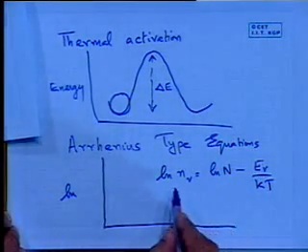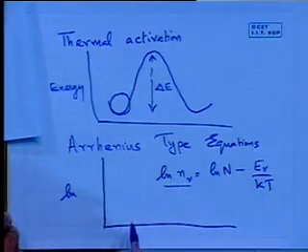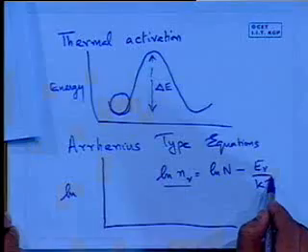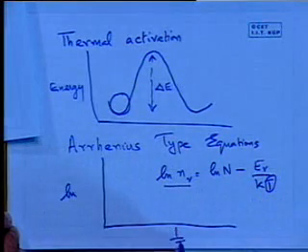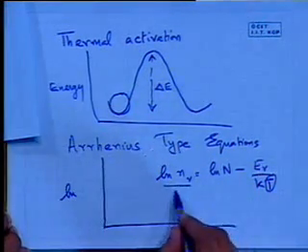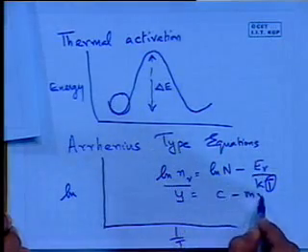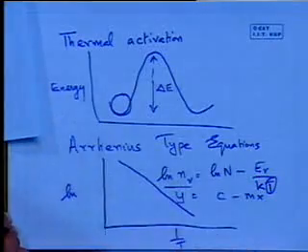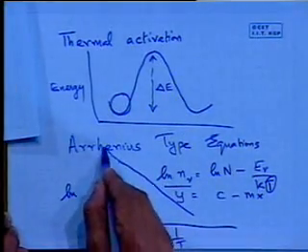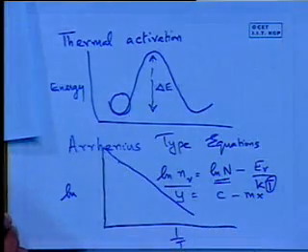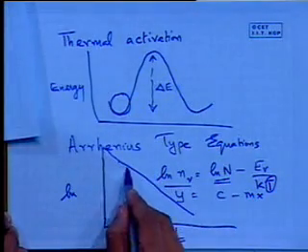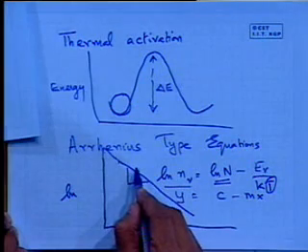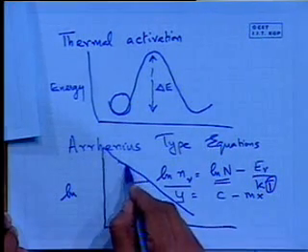So if I plot the natural log of this term versus 1 by T, what would I expect? A straight line. Basically, that is a y equals c minus mx type of term. So I will get a straight line with a negative slope, where the intercept gives me the natural log of N, and the slope gives me EV by k.